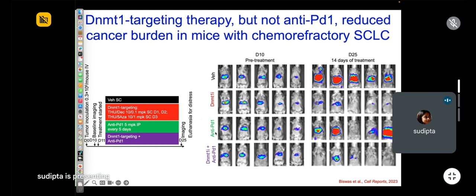Anti-PD doesn't do much either, as you saw in the survival. So we added the DNMT1 inhibitor plus anti-PD to see if it improves. But you can see that DNMT1 inhibition alone and DNMT1 inhibition with anti-PD don't differ much, and anti-PD doesn't work that great. That is the immunotherapy.